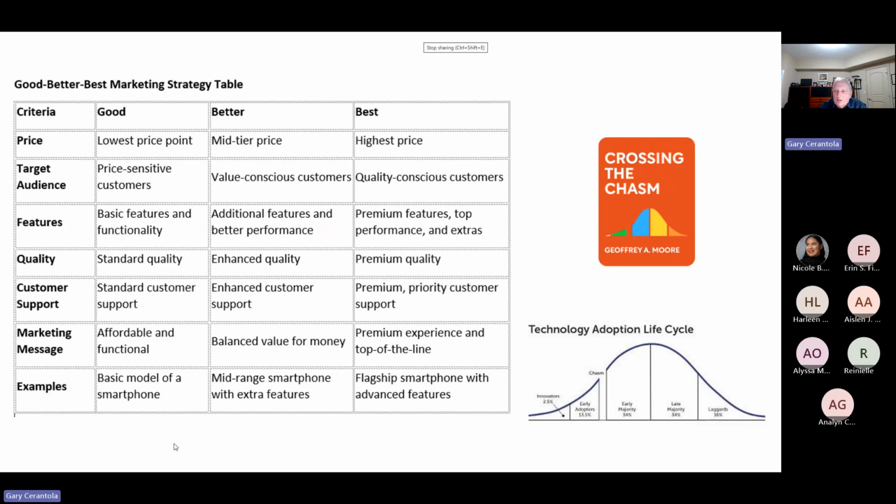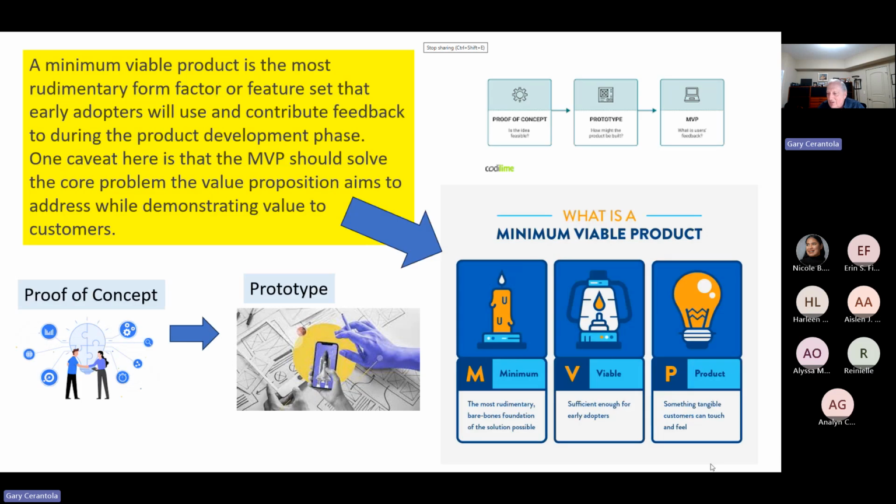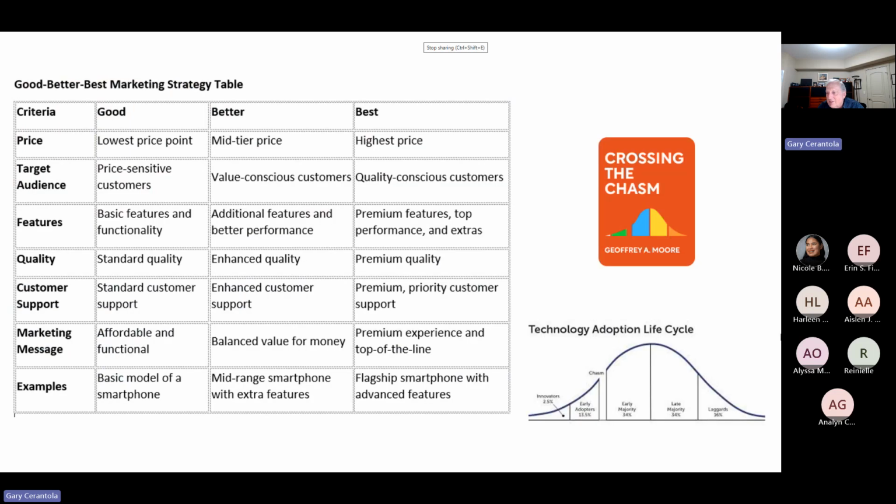Now, when we talked about early adopters, and we say sufficient enough for early adopters, here's a guy, Jeffrey Moore, whose book you should read if you're going to get into marketing. Here's where these early adopters are.